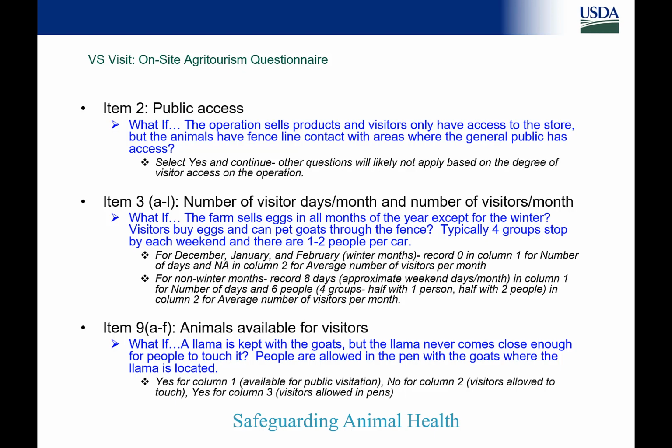For the non-winter months, we'll record 8 days in column 1, because that's the approximate number of weekend days per month, and 6 people in column 2 for the average number of visitors: 4 groups, half with 1 person and half with 2 people. You'll have to work with the producer to break down exactly how many visitors they have and get an average of that.